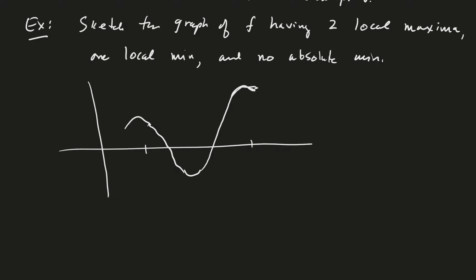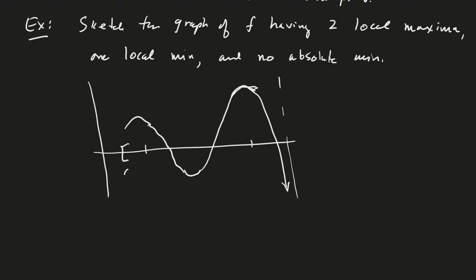Well, number one, the function cannot be continuous over a closed interval, because then we would have a minimum. So how about if we let our function go down? In fact, let's be simple about it. How about a vertical asymptote right there?